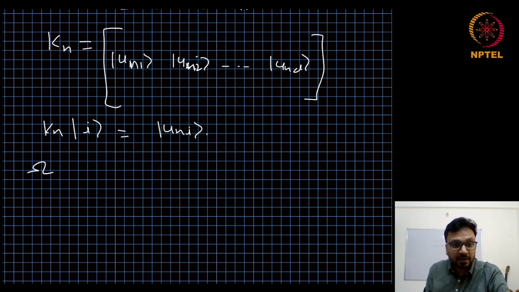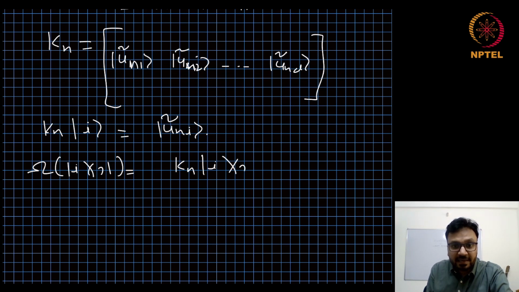Which means omega acting on |i><j| can be written as Kn |i><j| Kn dagger.